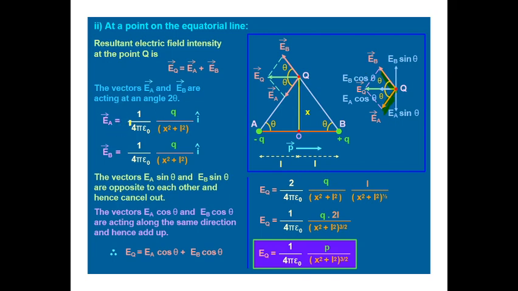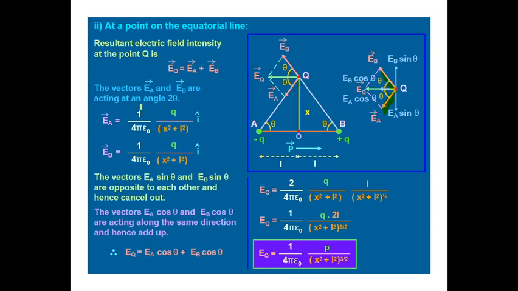EA, the electric field due to the minus Q charge at point Q, is equal to 1 divided by 4 pi epsilon naught, Q divided by x squared plus L squared, this being the distance of A to Q, into the unit vector i cap. Similarly, the electric field at point Q due to the plus charge is 1 divided by 4 pi epsilon naught, Q divided by x squared plus L squared, into i cap.